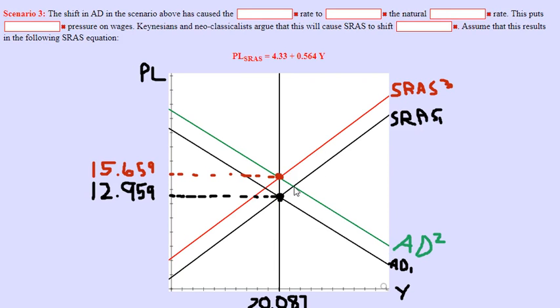I'm not labeling this point here because what we're interested in is seeing the scenario 1 equilibrium temporarily shift in the short run out here to this equilibrium where unemployment is really, really low, which puts upward pressure on wages. That upward pressure on wages pushed the short-run aggregate supply curve up to scenario 3, which is labeled short-run aggregate supply 3, and results in a new short-run equilibrium right here, where GDP is equal to potential.